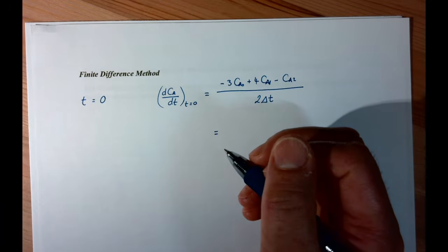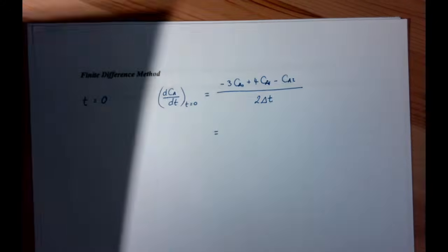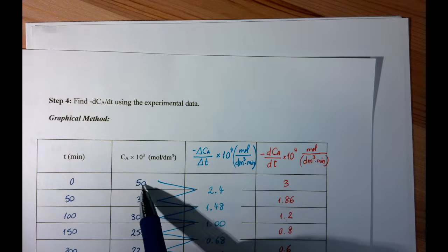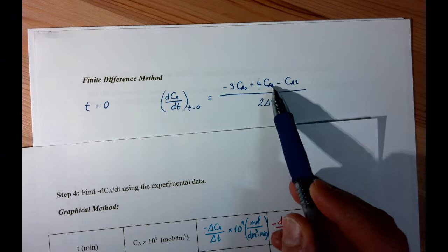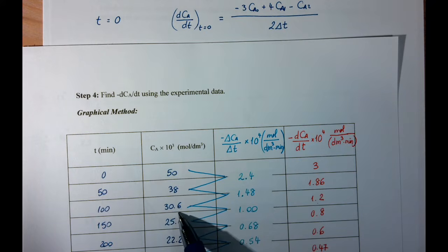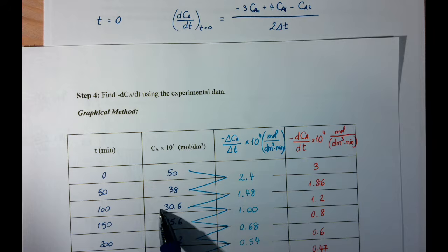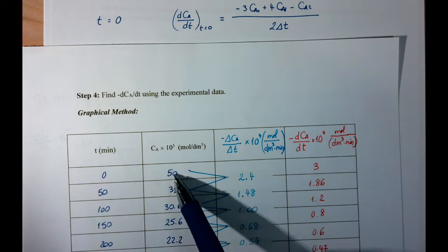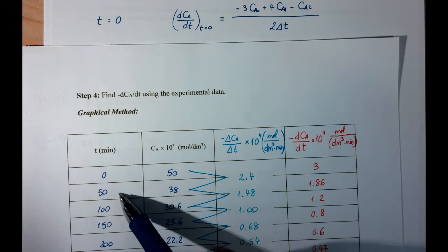So if we look in our table, CA0 for time 0 is 50. So I'd have minus 3 times 50 plus 4 times CA1, which would be 38, minus CA2, which would be 30.6, and of course I'd have to remember to multiply all of these by 10 to the negative 3, divided by 2 times delta t, where delta t is 50 minutes.